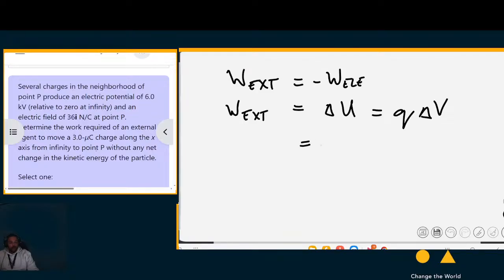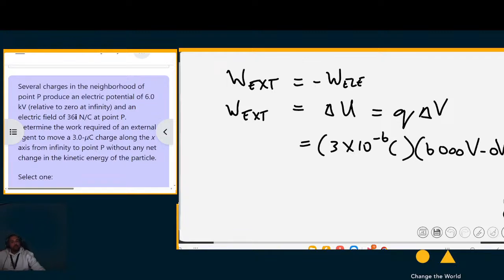Now, if I plug in the charges, Q is equal to, what do they tell us the charge? That it is 3 microcoulomb. 3 times 10 to the negative 6 coulomb times the change in the potential. The electric potential is 6000 volts minus 0 volts at infinity.